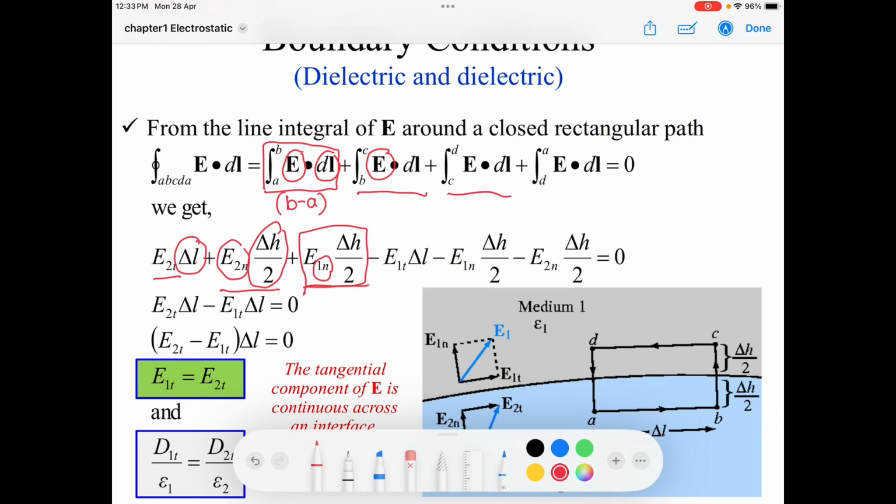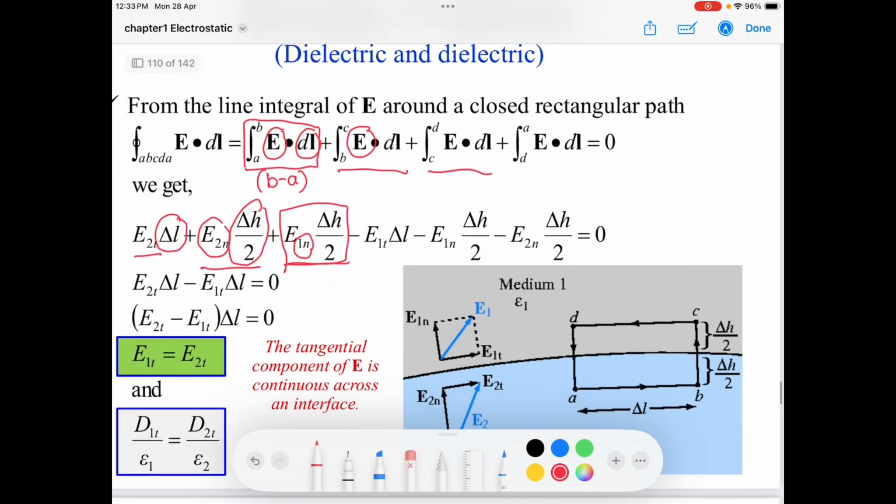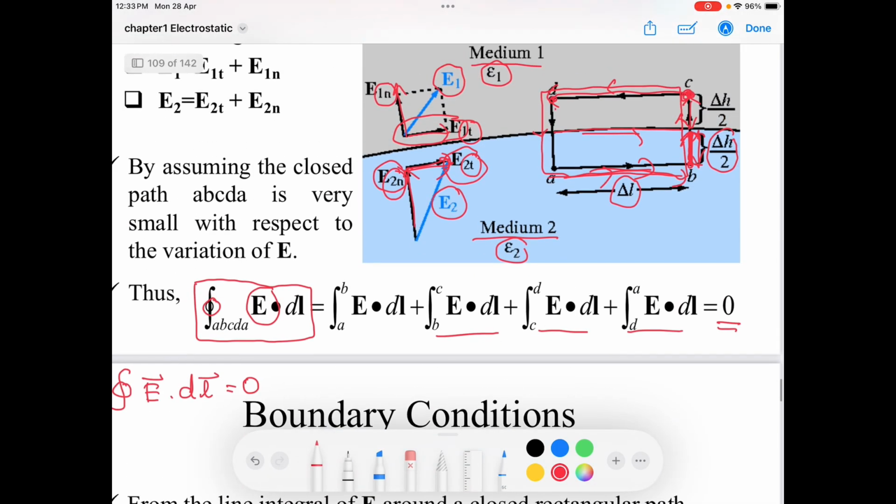The next one, C to D: the direction is opposite to the direction from A to B, so you will have a negative. From C to D you are using E1T, because E1T is in this direction, multiplied with the length. For D to A, it is coming in this way, opposite to the direction over here.